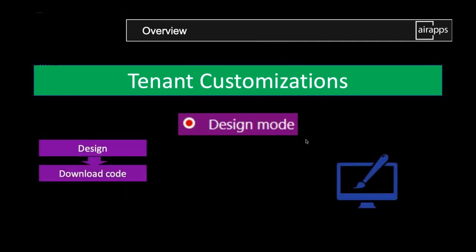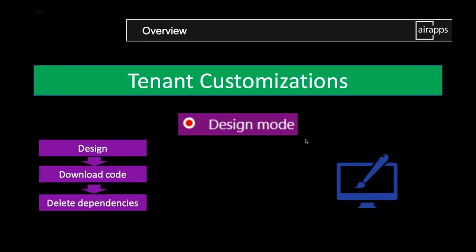There are 2 different options for what you can do with that. So first option, when you create an extension for tenant customization from design mode, you should download its code, manually delete dependencies, and then publish it back.